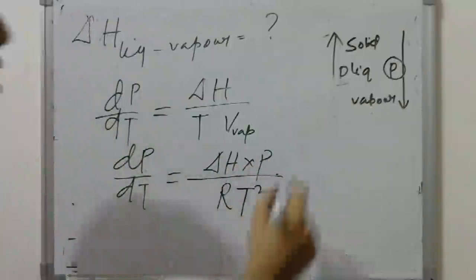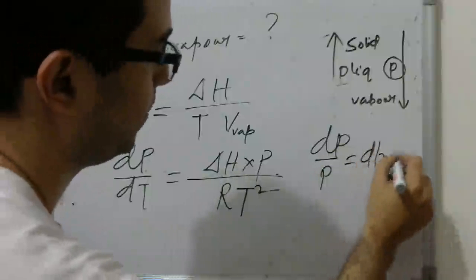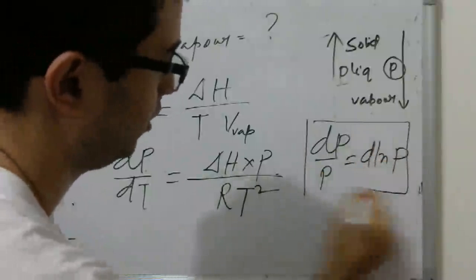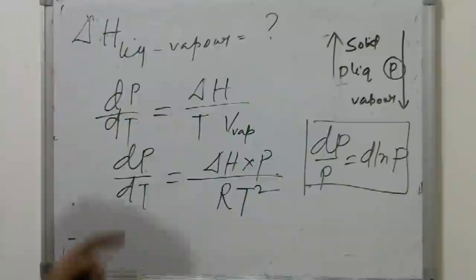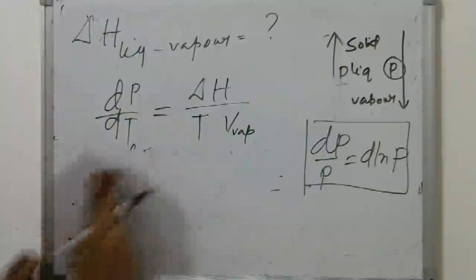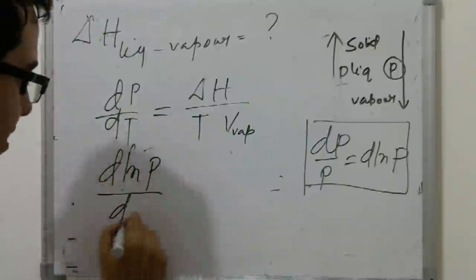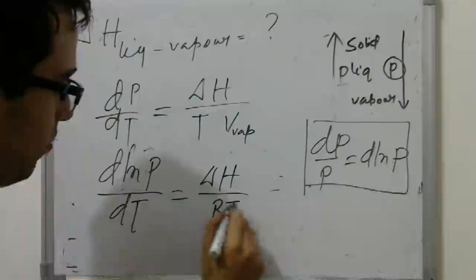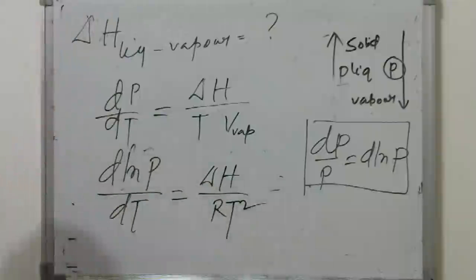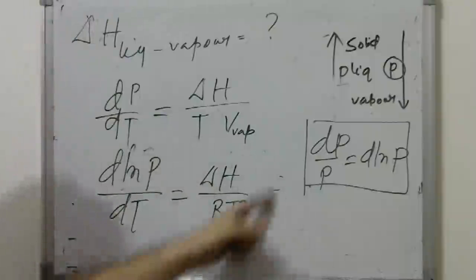So dP by P is equal to d of ln P, this differential. So I'll substitute here: d ln P by dT is equal to delta H by RT square. This is the expression.